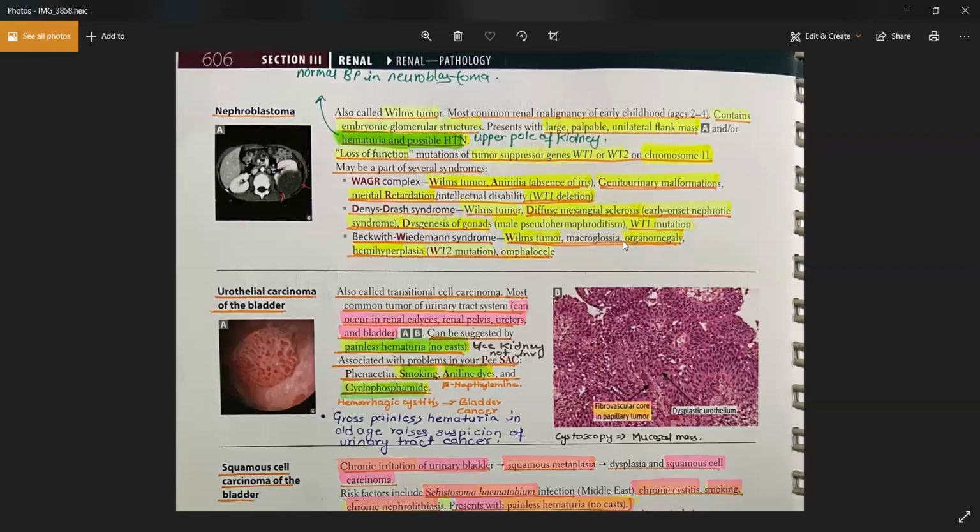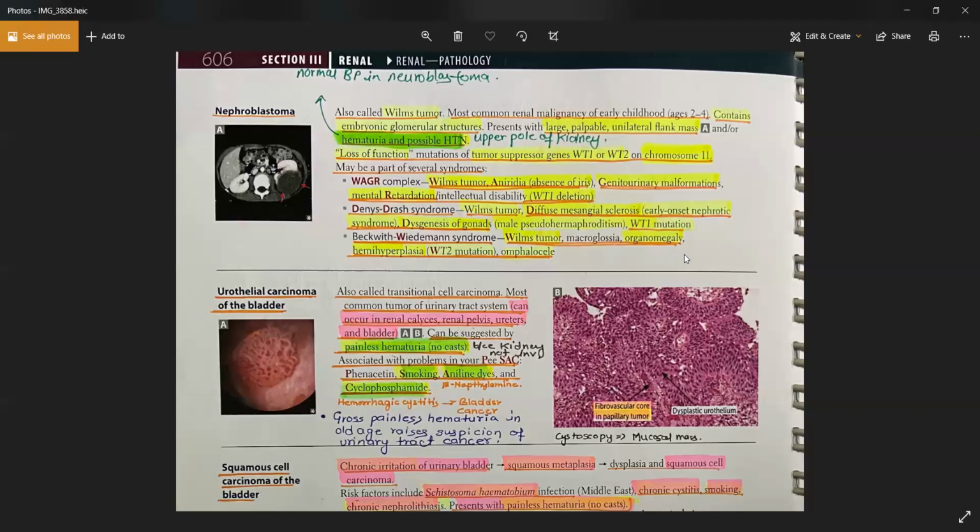All of your organs will become very much enlarged: enlarged heart, enlarged liver, enlarged kidneys, enlarged tongue. That means macroglossia will be seen. Okay, and hemihyperplasia will be there because of a WT2 mutation. So the WT1 mutation, WAGR complex; WT1 mutation, Denys-Drash syndrome; and WT2 mutation, Beckwith-Wiedemann syndrome.